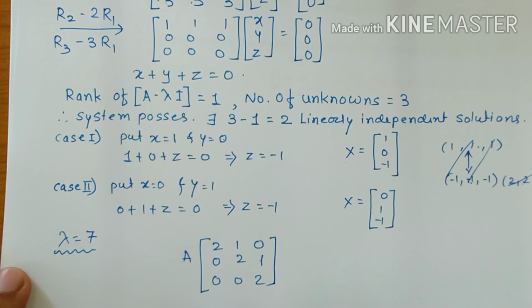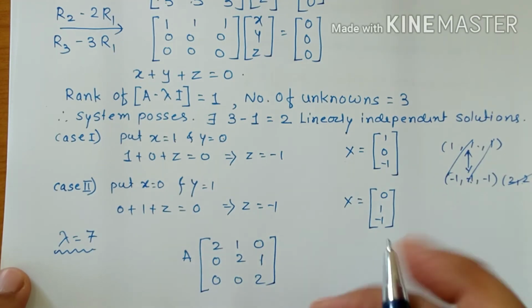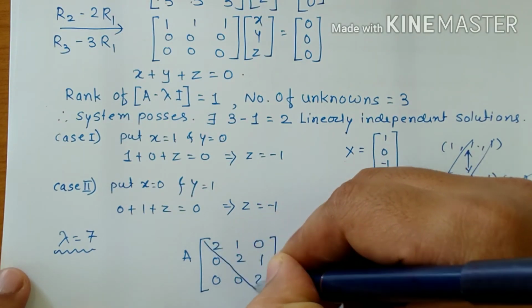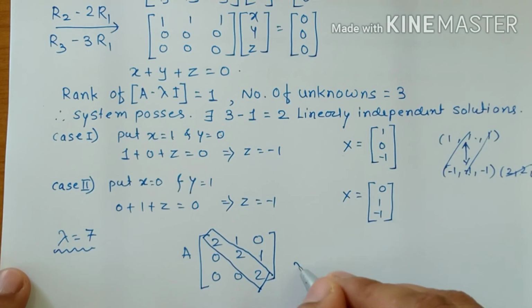No. See, this is an upper triangular matrix. If your matrix is upper triangular, lower triangular or a diagonal matrix, the eigenvalues of this matrix are nothing but the diagonal elements. So here the eigenvalues are 2, 2, 2.